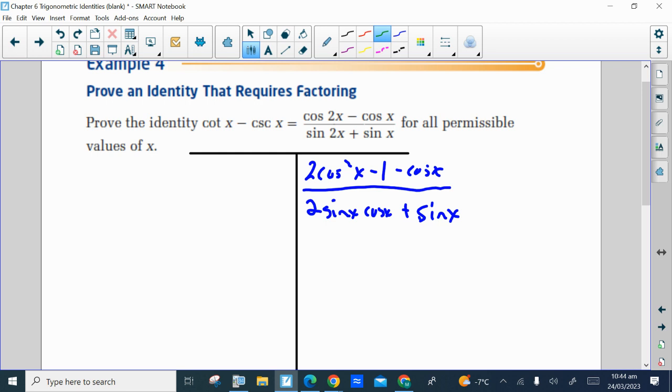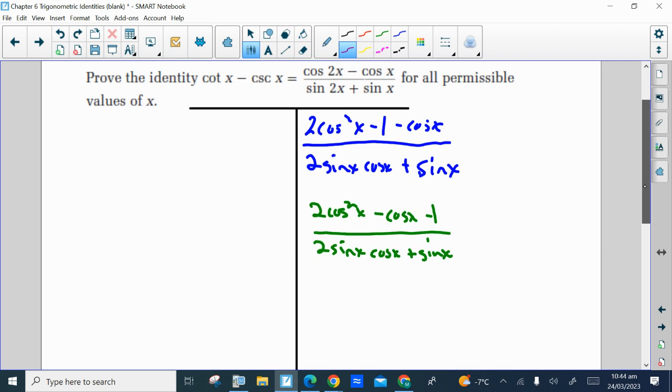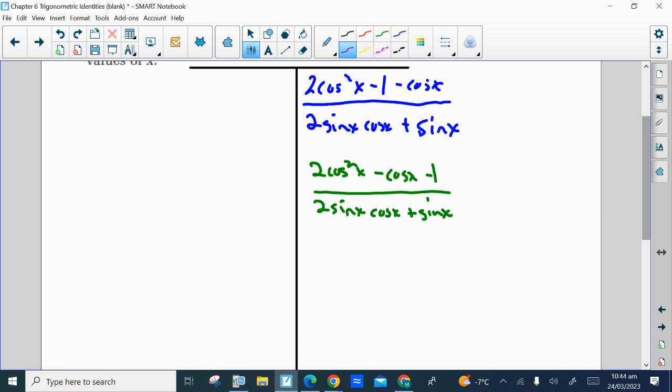So we're going to factor both the top and the bottom on that right side. But before I do that, I should rearrange the terms on top. And now we'll factor.